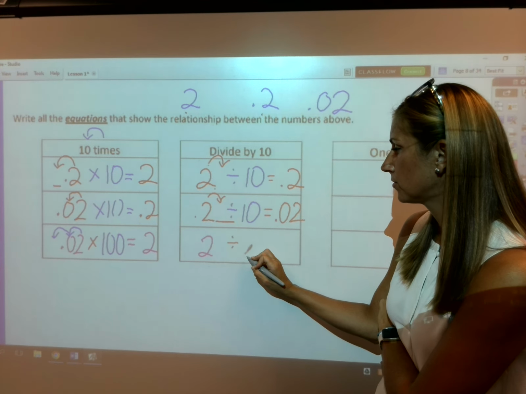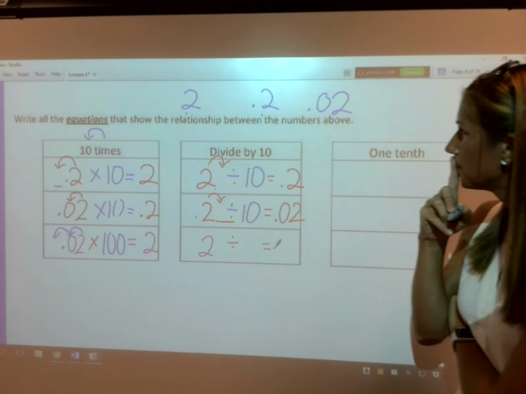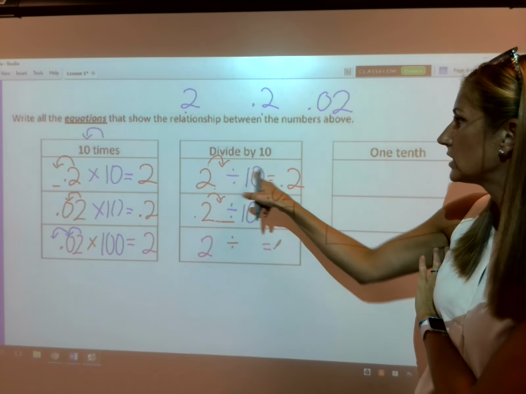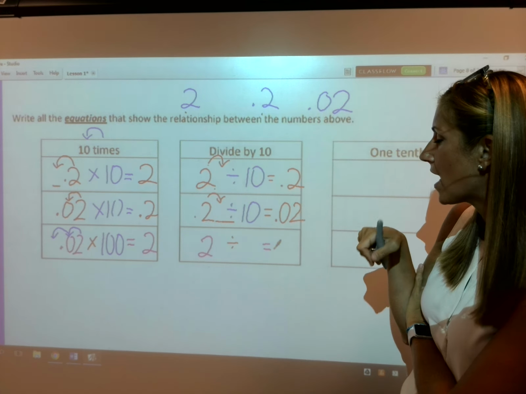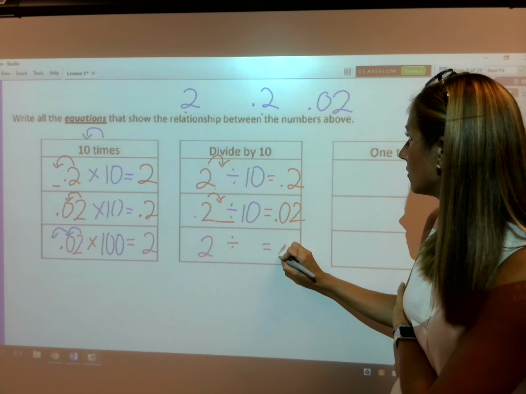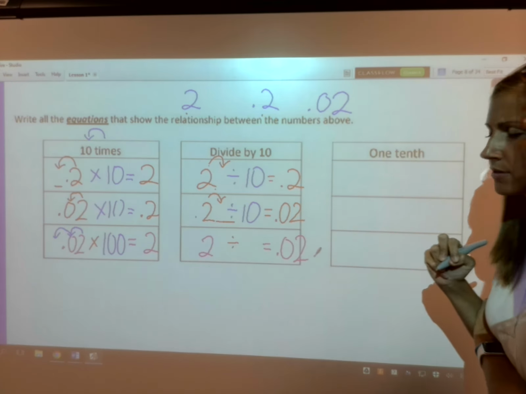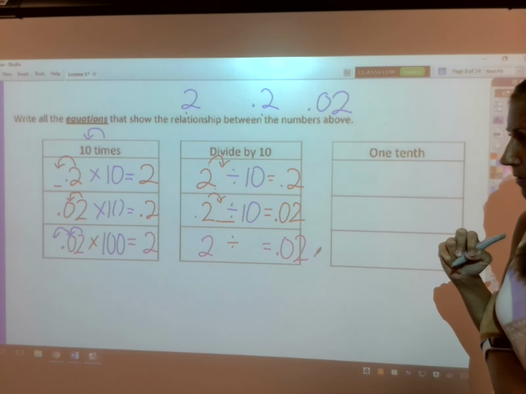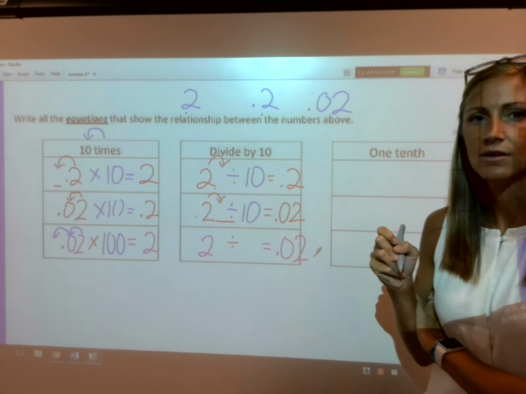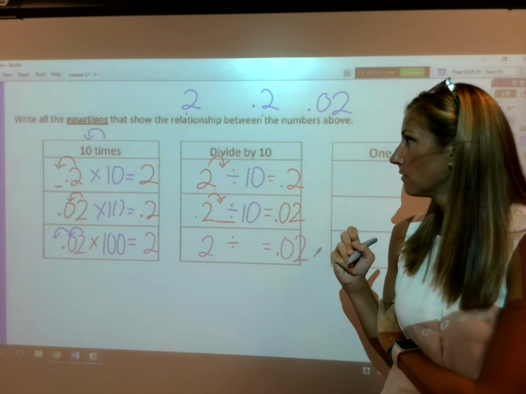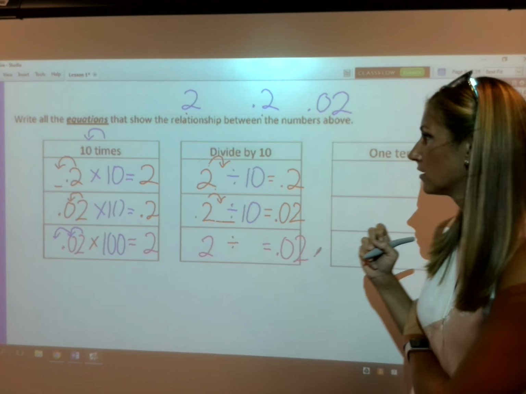Started with a 2, and I got, well, we already did 10. We already did 2 tenths. We haven't tried this one yet. 2 hundredths. What would be happening? Not divide by 10. You're thinking a little bit with this one. So what could it be?